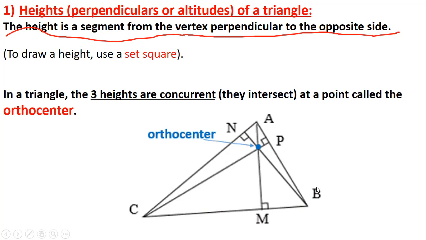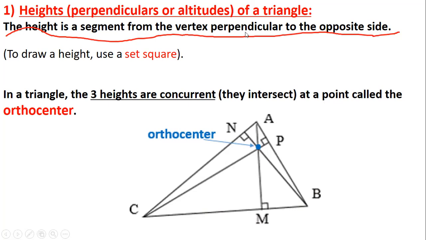We have side AB, side AC, side BC. If I'm asking you about vertex A, which side is facing vertex A? It is side BC. If I'm asking about vertex B, which side is facing B? It's AC. Vertex C, the side facing it is AB.